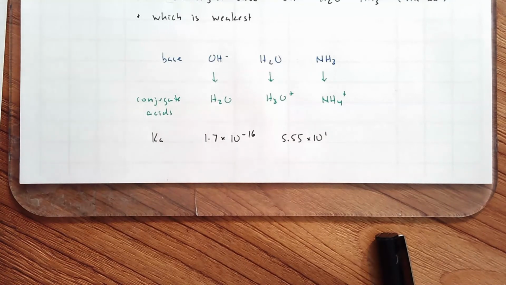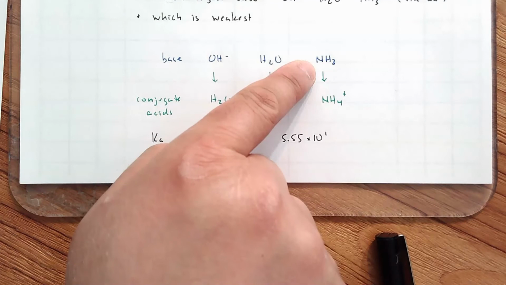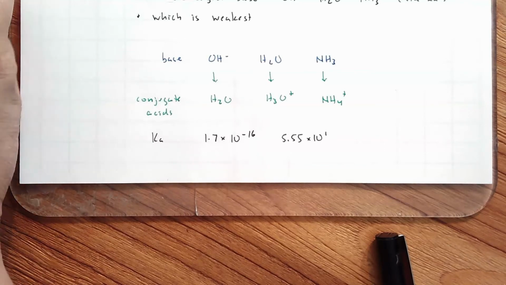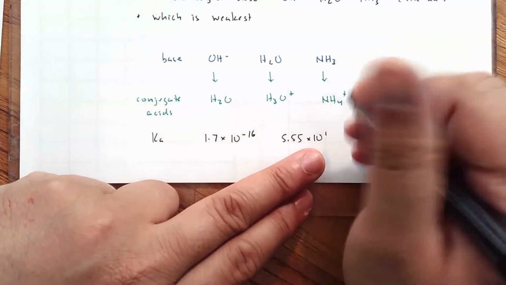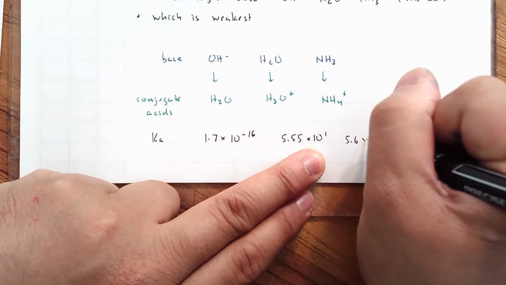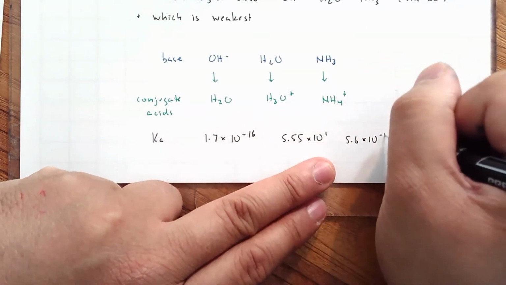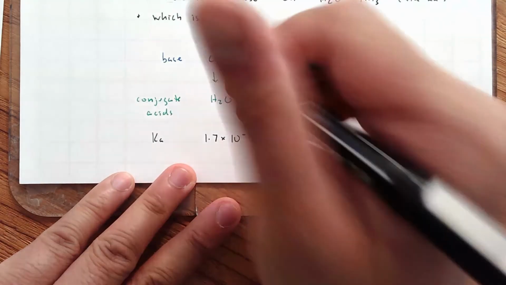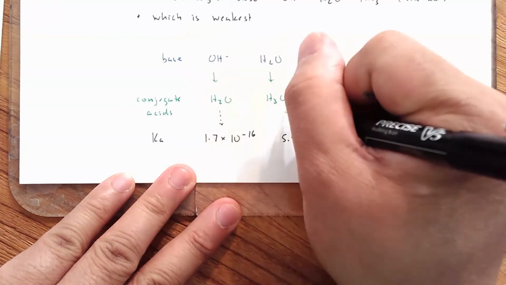We are not looking up the Ka for ammonia, right? You have to look up the Ka for the conjugate acid. There it is: 5.6 times 10 to the minus 10. Okay. So just make sure you know which ones go to which.